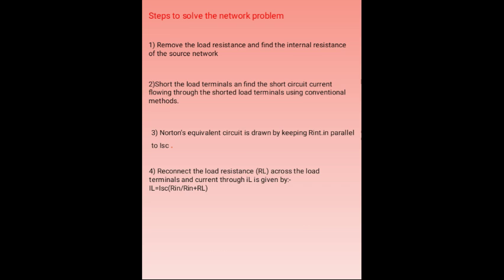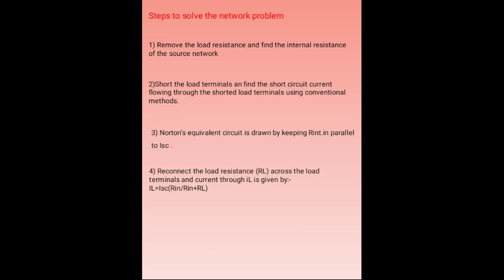Step 3 is the Norton equivalent circuit, drawn by keeping R internal in parallel to ISC. In the third step, we will draw Norton's equivalent circuit which has a current source of ISC and a parallel resistance of Rin. Step 4.